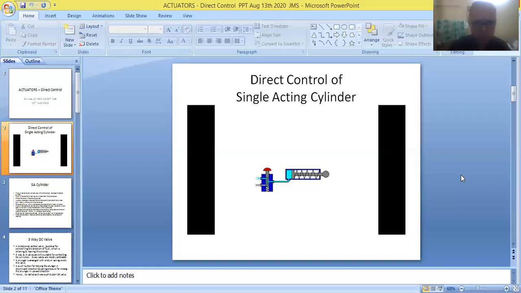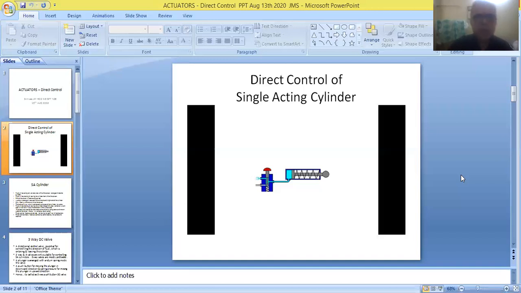So this valve is used for that purpose. That's why it is referred to as a direction control valve. Any valve which is used for controlling the direction of fluid entering and leaving the cylinder is referred to as a direction control valve.